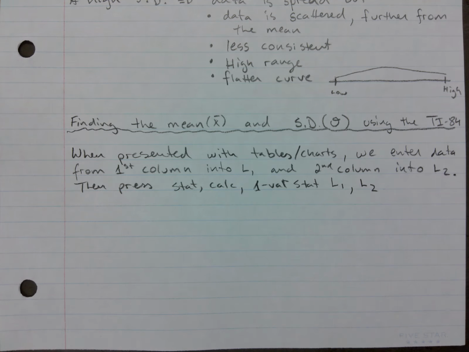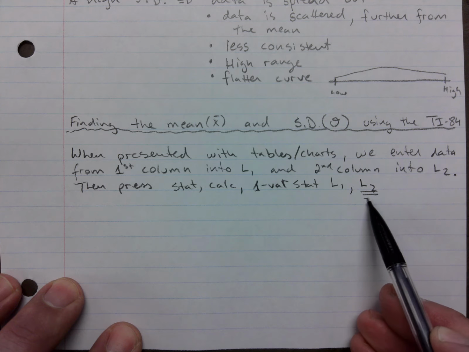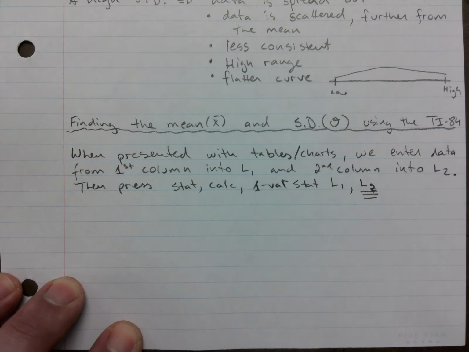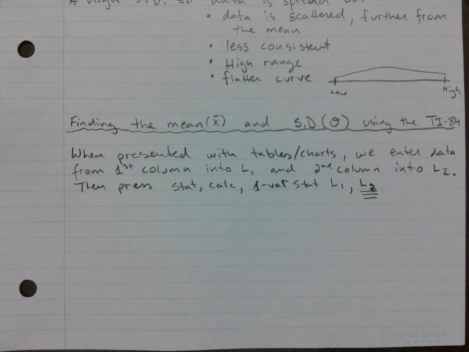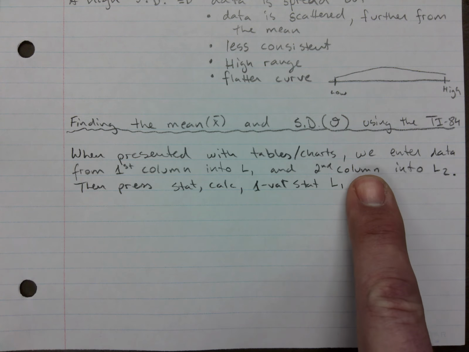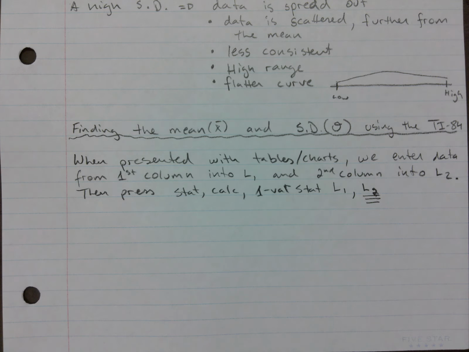Okay, it is very important that you enter the L2 as well, right? Otherwise, one variable stat will think that it's just a bunch of numbers you're entering and not really see that the L2 represents how often that occurs.